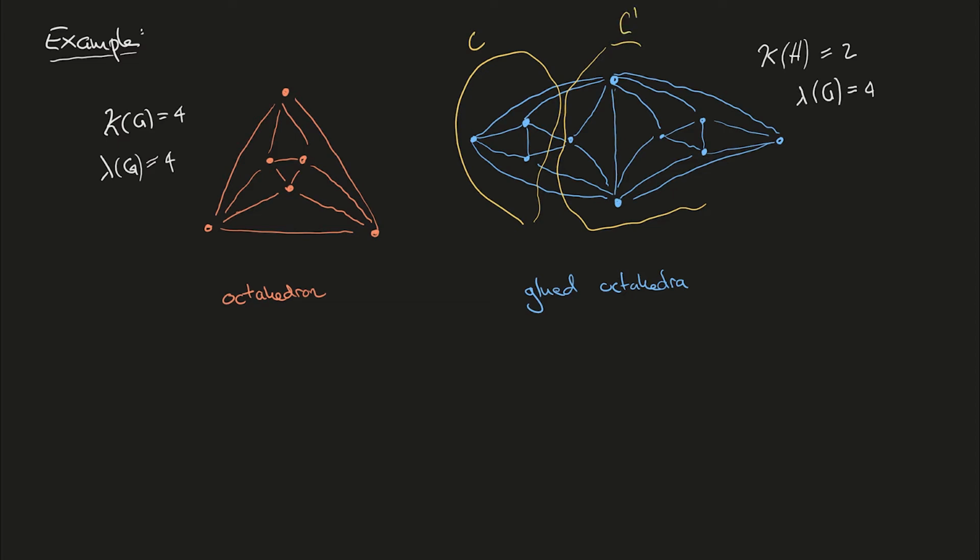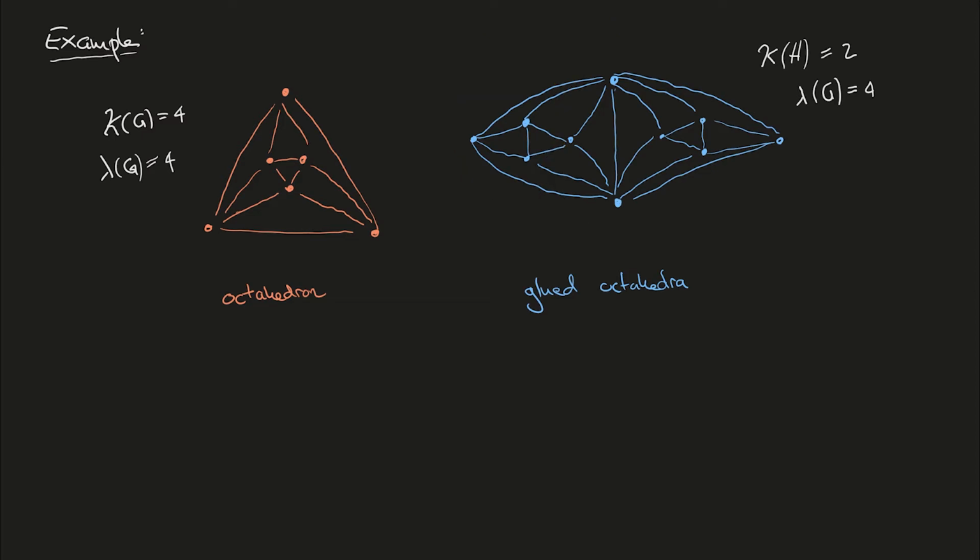Then this would also be a cut in the original octahedron. So we know that this cut has to cross at least 4 edges. Hence, the only other possibility is that our cut in the glued octahedron is not actually a cut in the original octahedron.